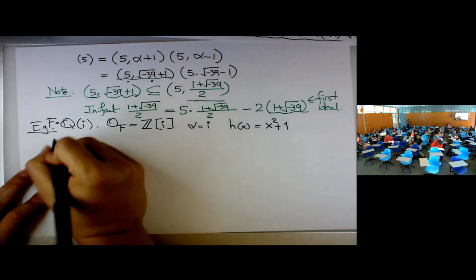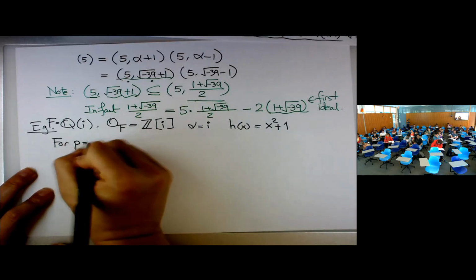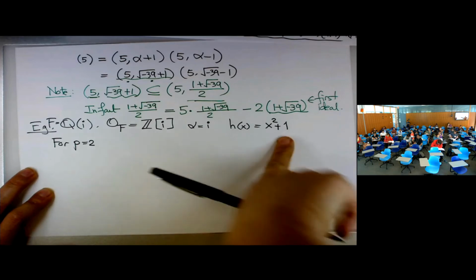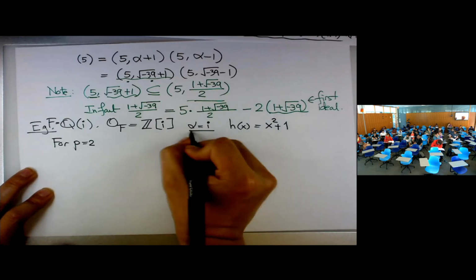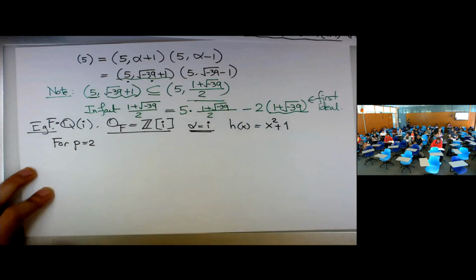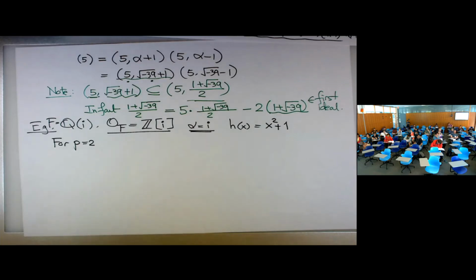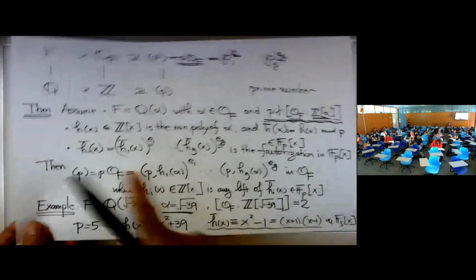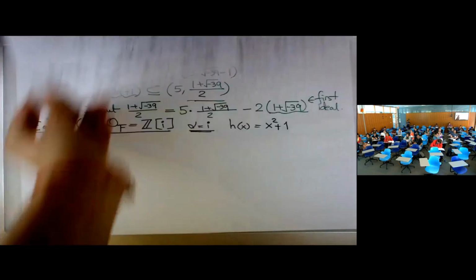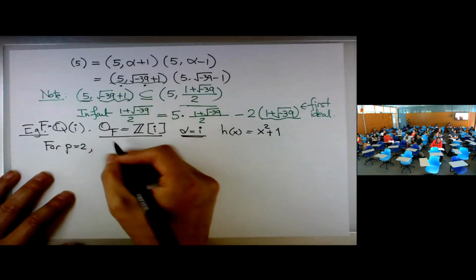Okay, so for p equals 2, I want to note that because my generator really generates all of O_F, the factorization theorem I had earlier actually works for all primes p. So for p equals 2, what we see is the following.